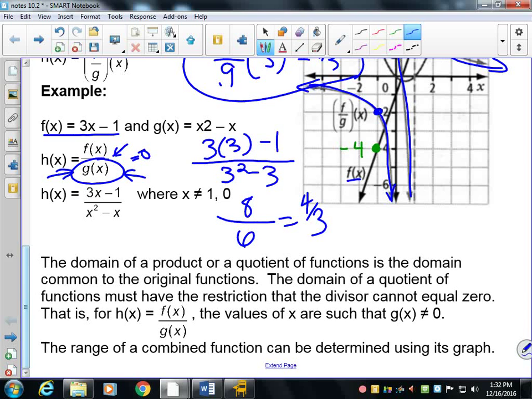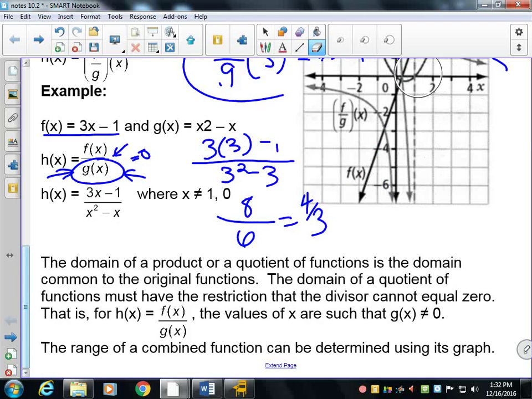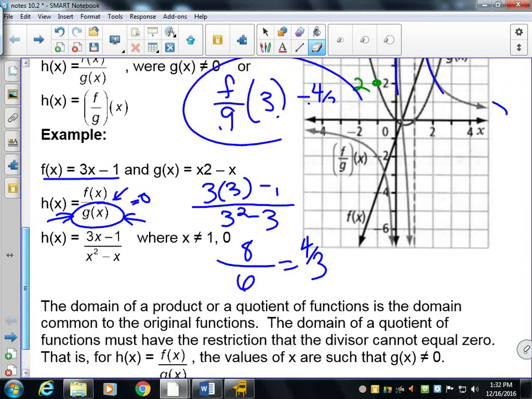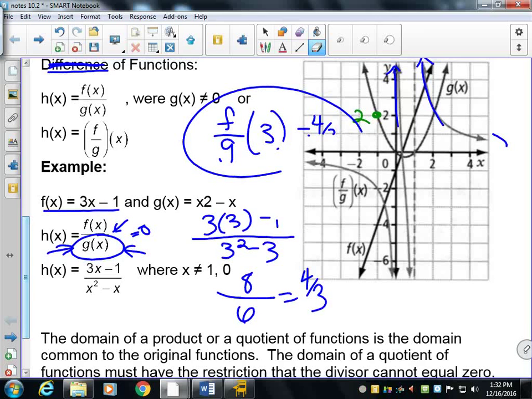So going back to this graph that we've got going on here, we need to find g. G is right here, right? So at this point right here, and at this point right here, it doesn't exist. What are those points? At x equals 0 and x equals 2, right? Other than that, all our x values exist, okay?